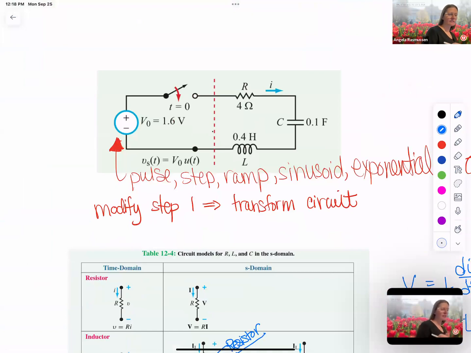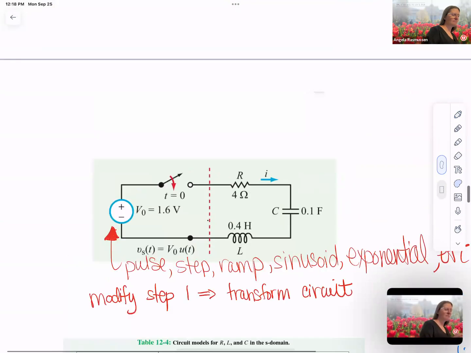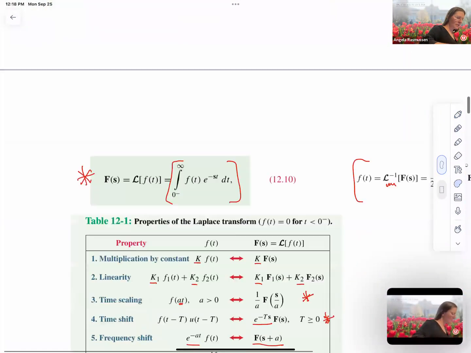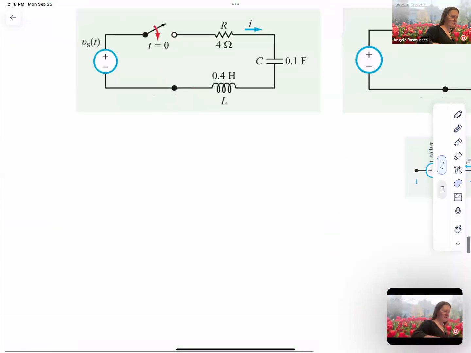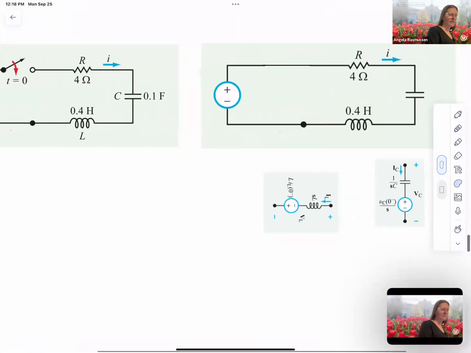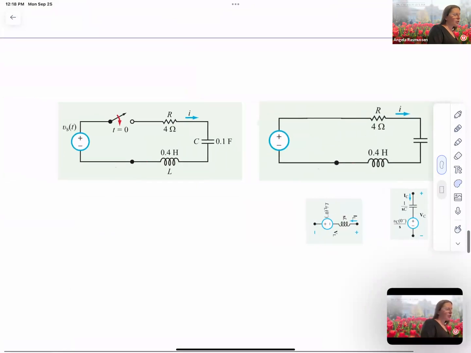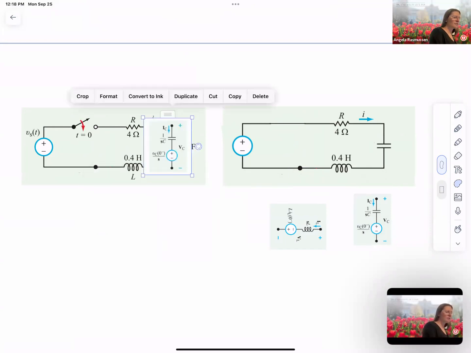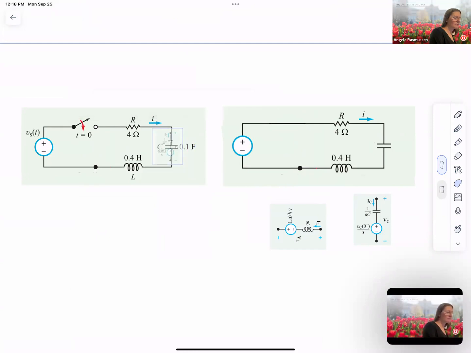So looking at this, find a different one. Okay, we did it. Okay, there we go. So here's our circuit, and we can replace the capacitor. And literally, you just put that over the other one.